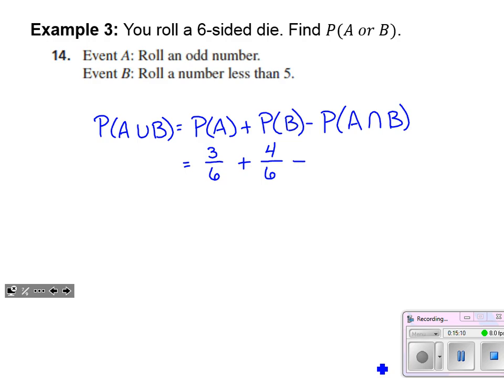Minus, how many of those possibilities are odd and less than 5? Well, I could have 1 or a 3, so that's 2 out of 6 possibilities that meet both criteria.